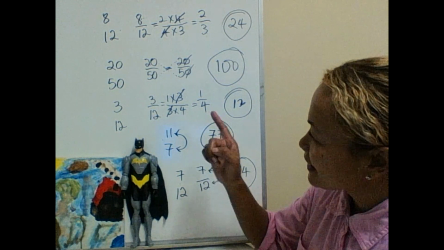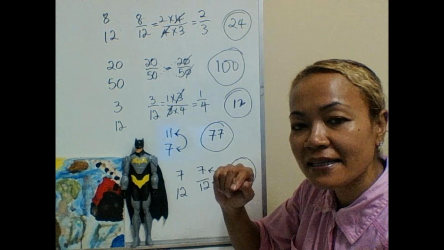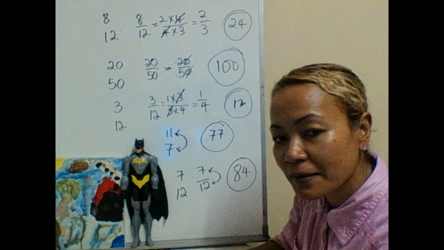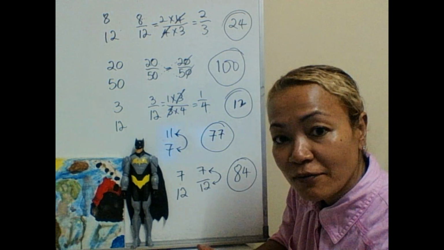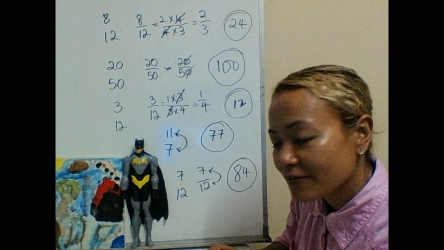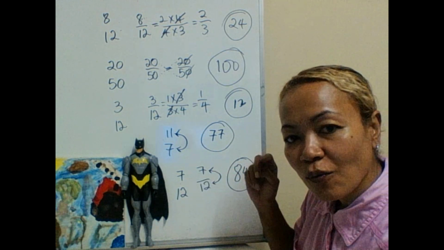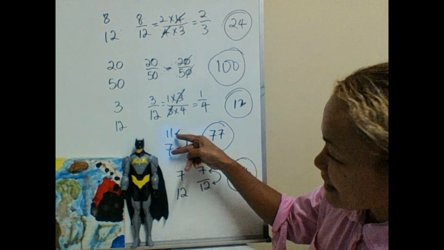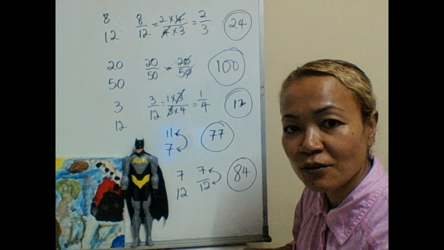So when one of the numbers is a prime number and the other number is a multiple of that prime number, then the answer will be the multiple of the prime number. But if both numbers are prime numbers, you just multiply to find the lowest common multiple.